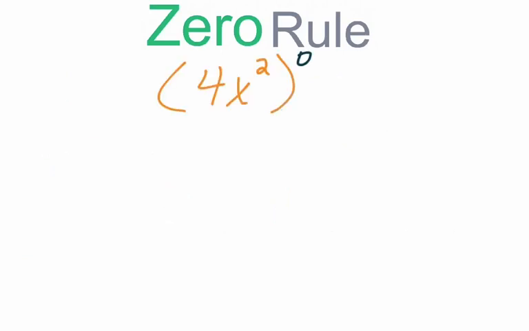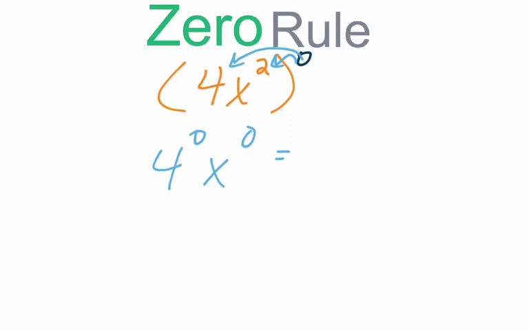So in this example, I've got 4x squared to the 0 power. How is that going to come out? I can do the long form of it: if I did the exponent here, we'd have 4 to the 0 power times x to the 0 power, because you'd be putting the 0 there with the 4, and then 0 times 2 is 0.